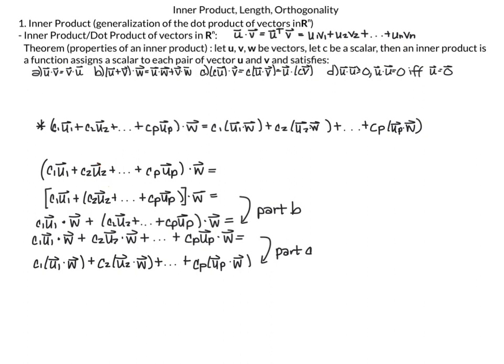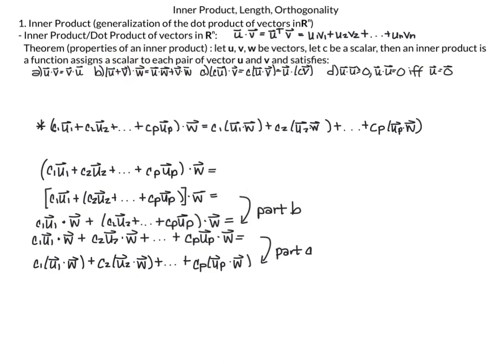Now on this side, I can peel off my C1U1, my first vector, and consider the addition of all these other vectors. Well, addition of a bunch of vectors gives you a second vector. So here's one vector plus another vector dotted with W. So now I can use part B here.